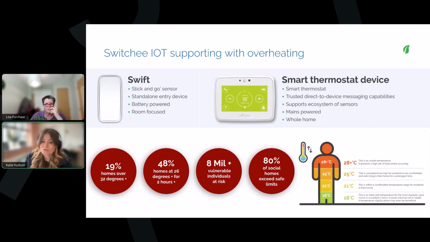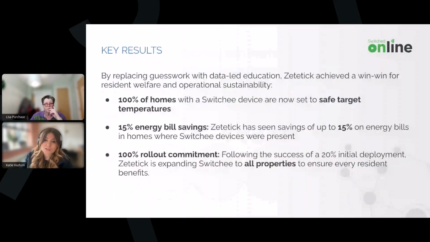Using Switchee's real-time data and insights, Zetetick identified overheating risks, supported carers with temperature management guidance, and also improved the residents' comfort. The result was safer homes, lower energy costs, and a commitment to deploy Switchee across 100% of their housing stock to ensure that every resident was benefiting.